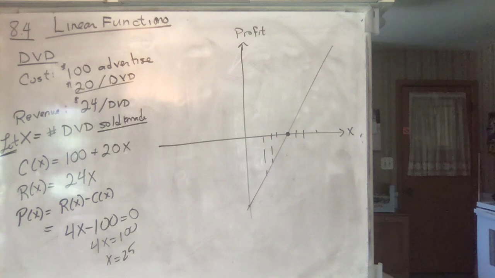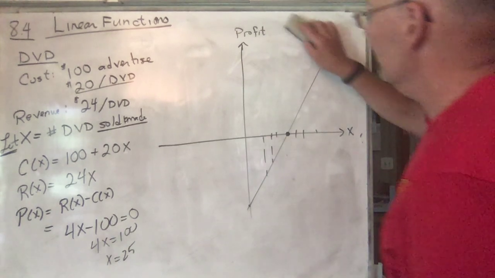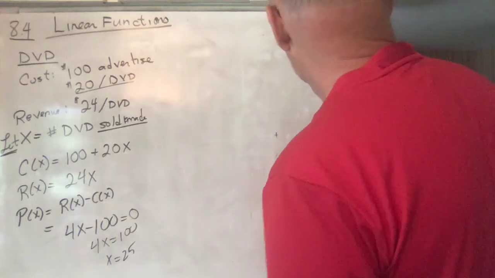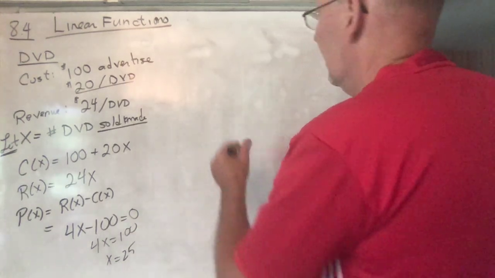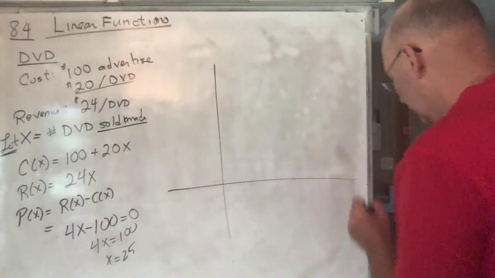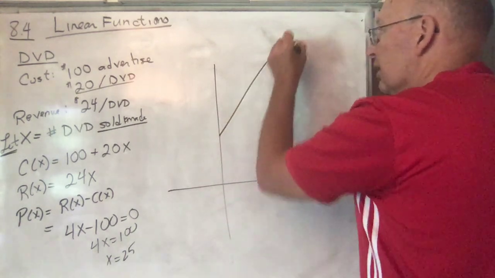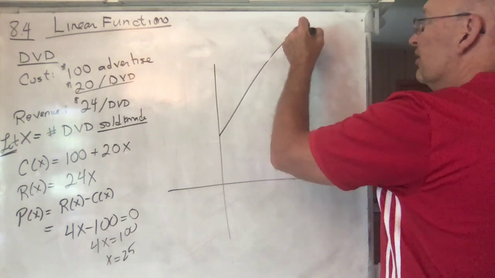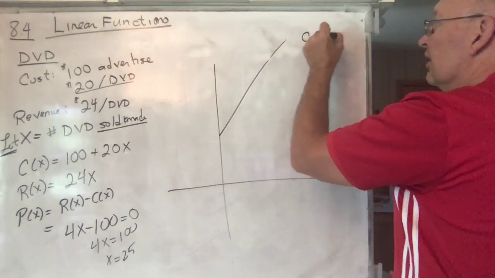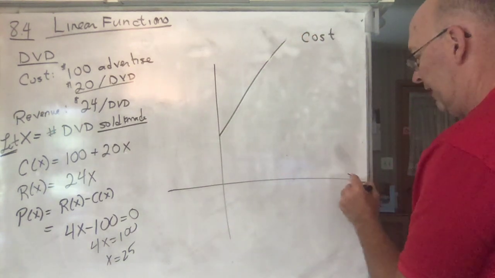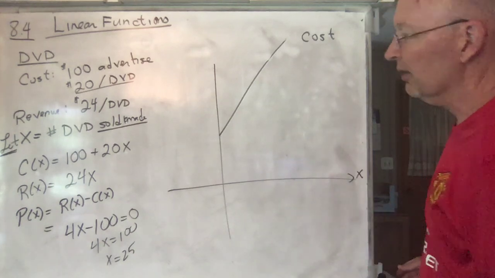So anyway, nice problems. Quite often, by the way, just as an aside, in business you do end up with a graph that looks like this. Those of you who are in business, this is kind of important to realize. This is your cost. This is the cost function. Okay? And why does it look like that?